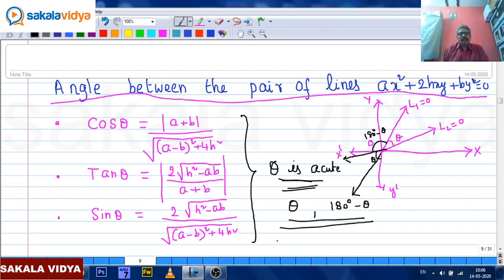And one more note you remember: if a plus b equals 0, that implies theta is equal to 90 degrees. They are perpendicular.